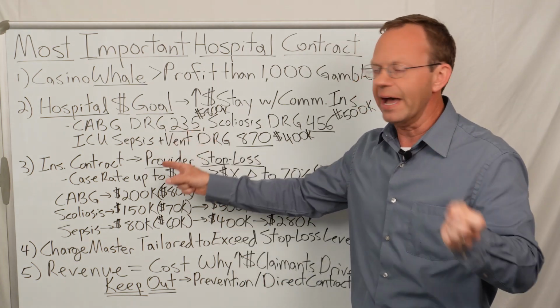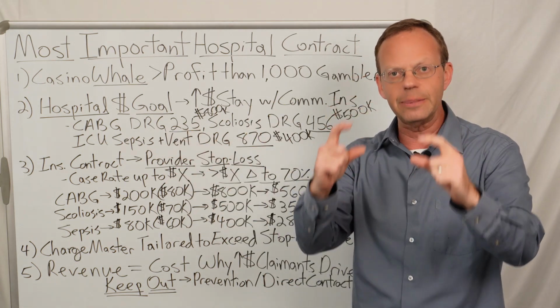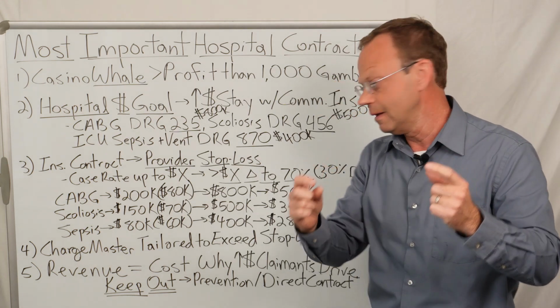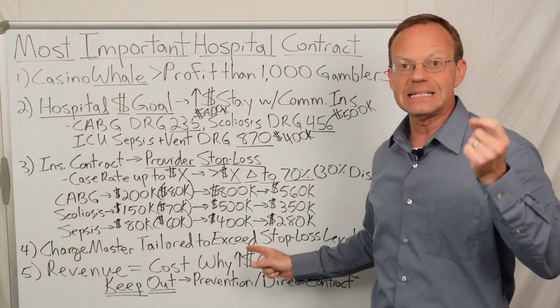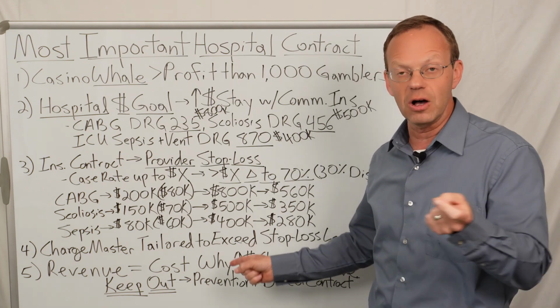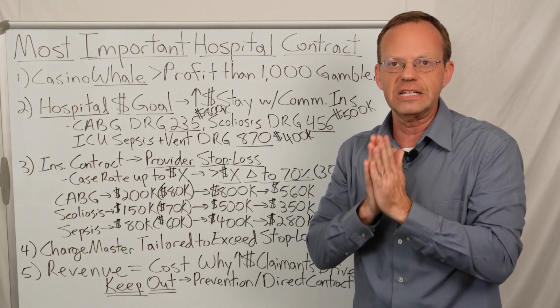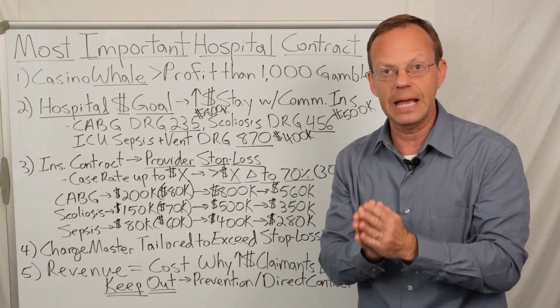These provider stop-loss clauses in the contract are one of the main reasons why these high-cost claimants exist and why these high-cost claimants continue to drive the healthcare cost inflation of your plan.